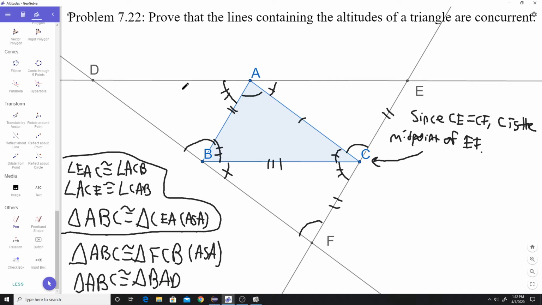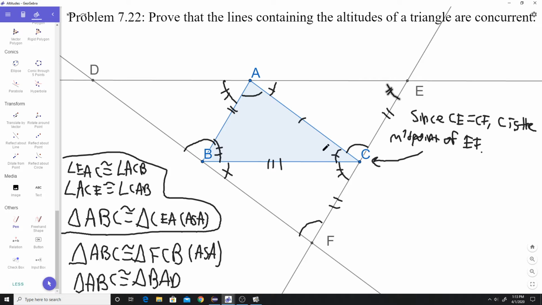So, for example, this angle at E has to be the three tick mark one since they all add up to 180. So that means that AE is between the 1 tick mark and the 2 tick mark angle.